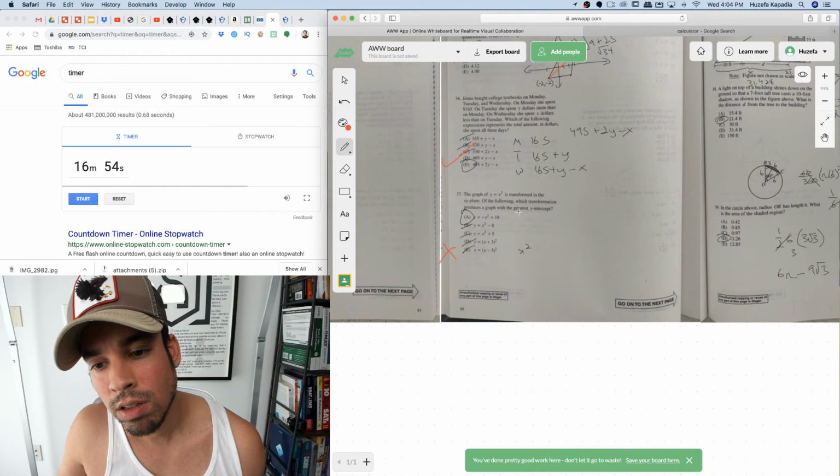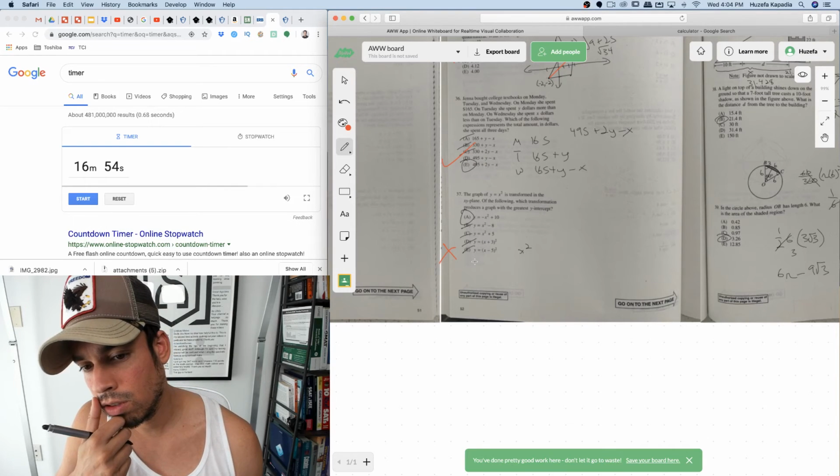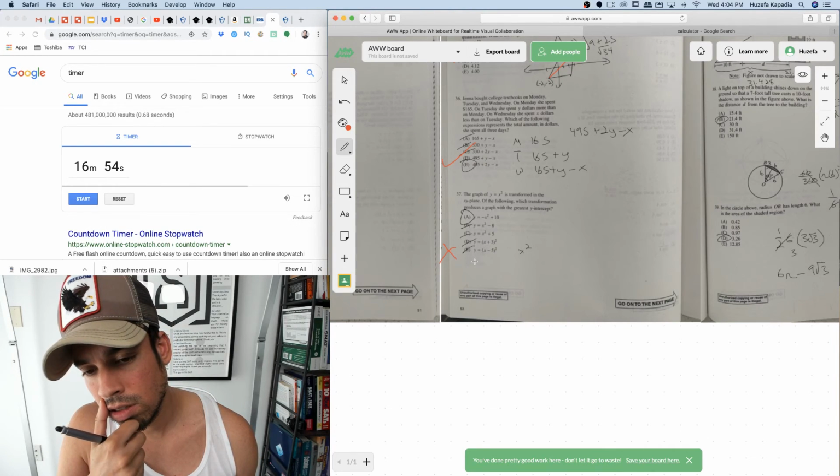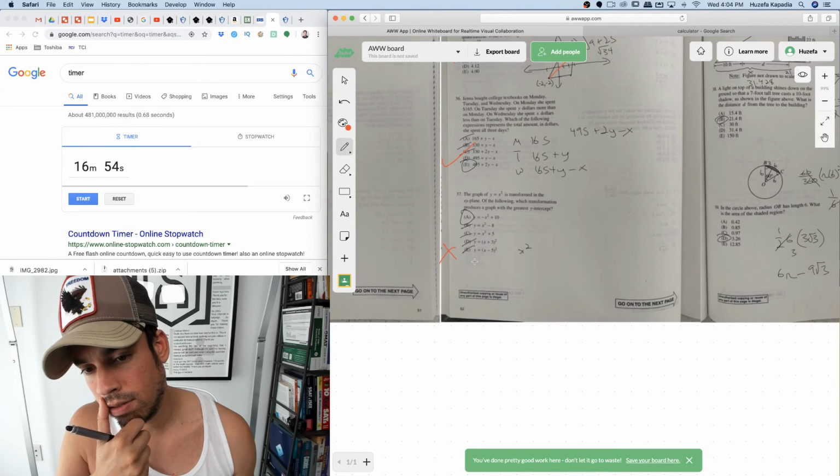Kidding me. Greatest Y-intercept. This has a Y-intercept of 0. It's just a shift to the left. X, right? 5, 0. Am I crazy? Oh, it is 25.